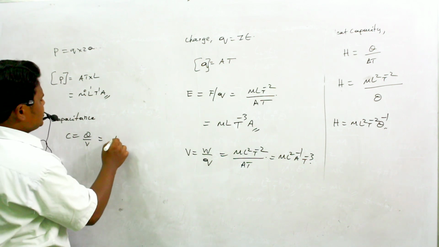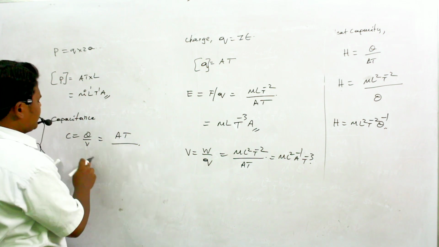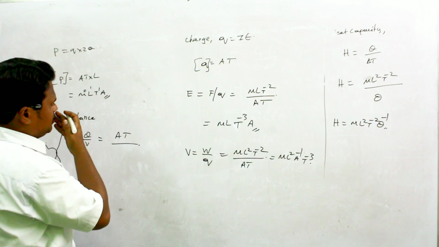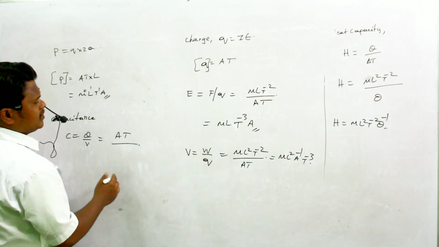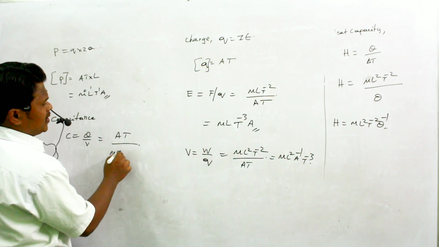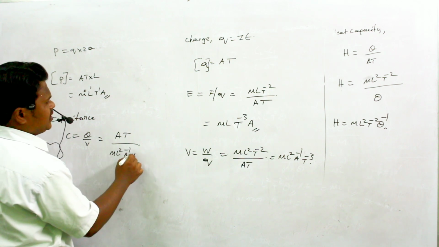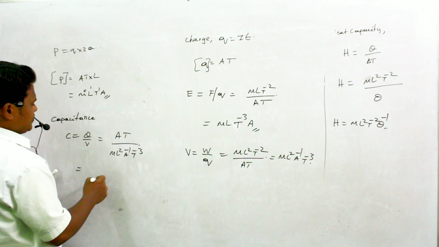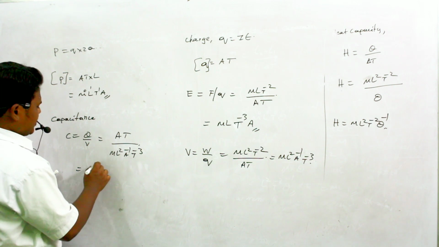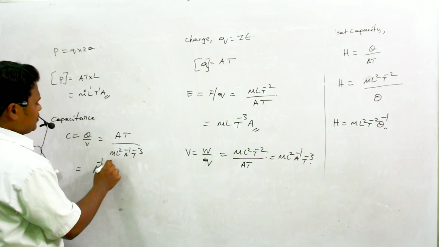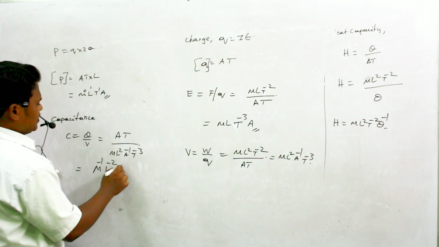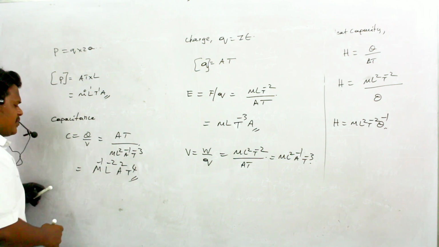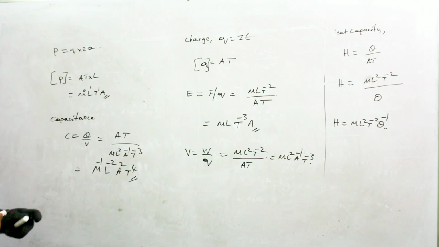So charge dimension is A into T divided by potential dimension, which we have just derived here. Potential is ML^2A^-1T^-3. So therefore I can write it as M^-1 L^-2 A^2 T^4. So this is the dimension of capacitance.